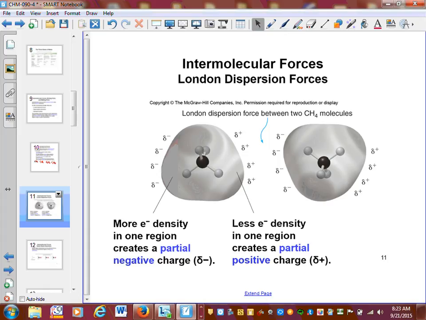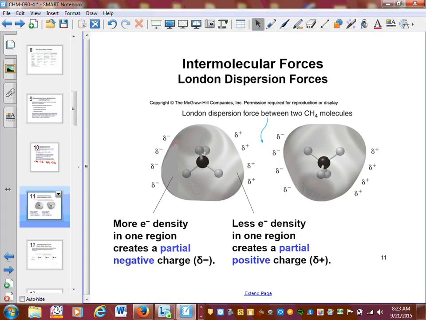At room temperature, we have a certain amount of energy. For methane, the forces are so weak that the room temperature energy is sufficient to pull them apart, which is why they're a gas. When we get up to pentane, hexane, and octane, those attractive forces are much tighter. At room temperature, we can't pull them apart. They're a liquid.